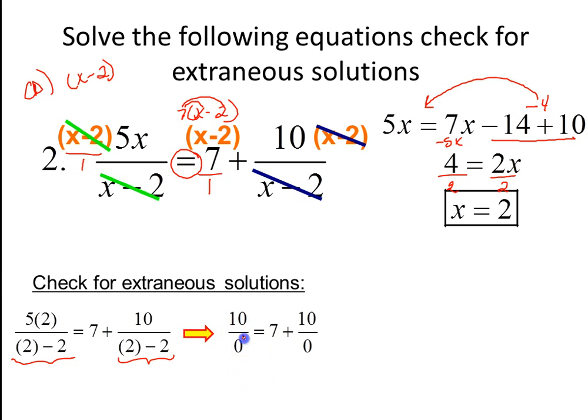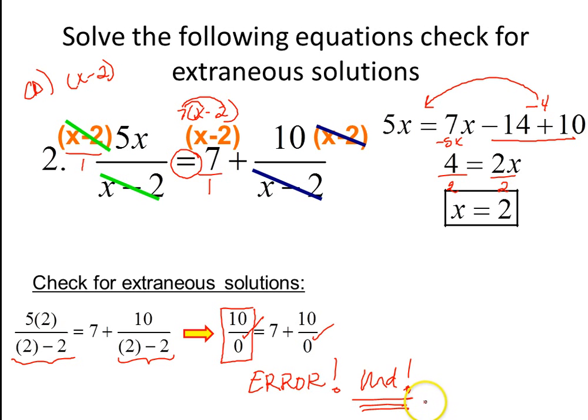Okay, we'll go back to Algebra 1. What happens when you have a 0 in the bottom? If you don't remember, type this in your calculator. Do your alpha y equals and type this in: 10 over 0, or type in 10 divided by 0. Either way, your calculator will give you an error. When you have a 0 on the bottom, that is undefined.